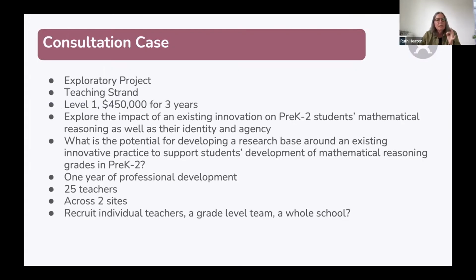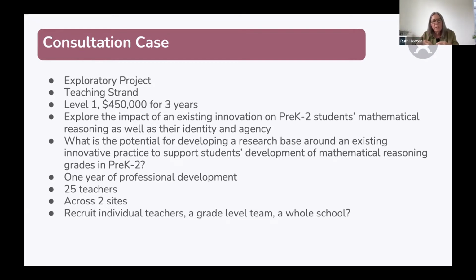Some of these ideas became much clearer to me as I talked with a group of two new researchers. They've submitted a proposal. It's an exploratory project in the teaching strand. They've applied for level 1 of funding, so a relatively small project, 3 years, $450,000.